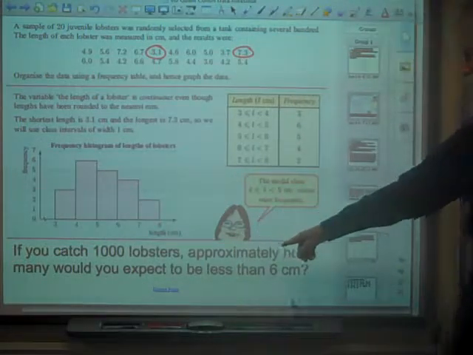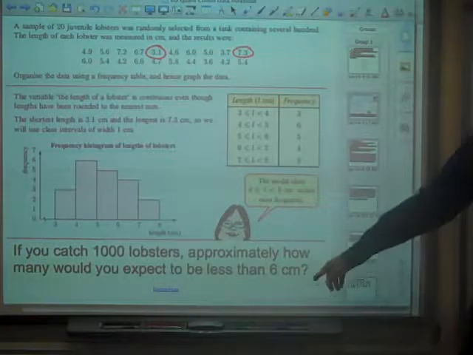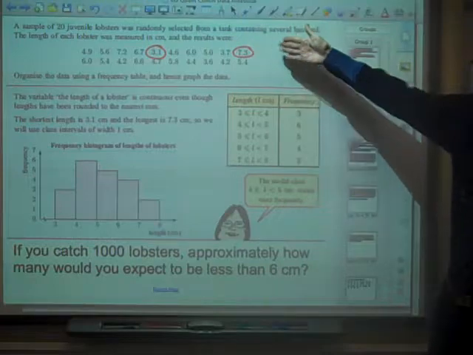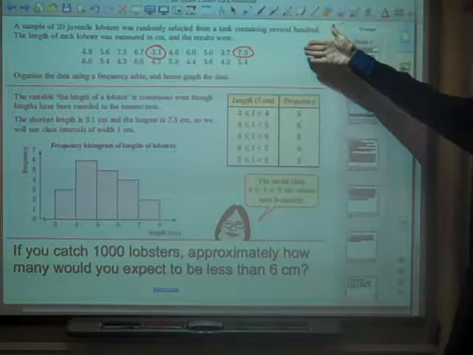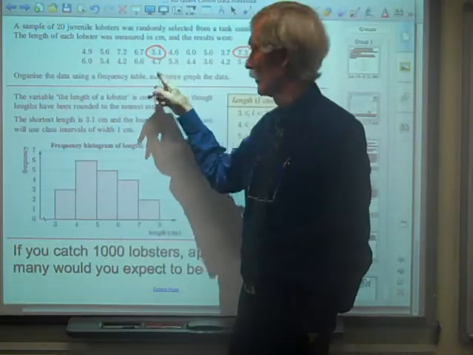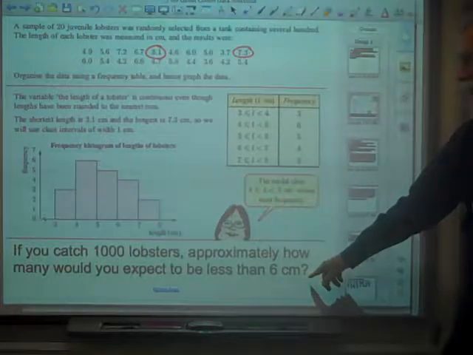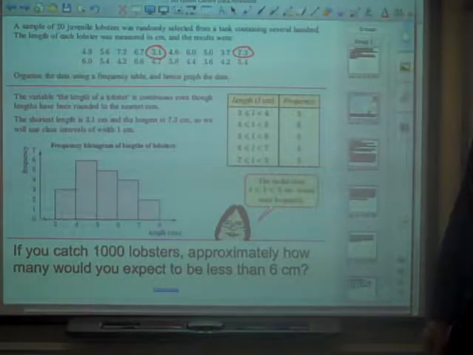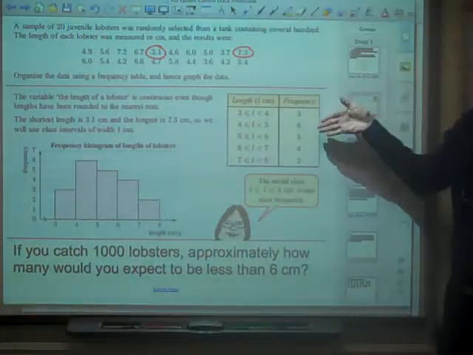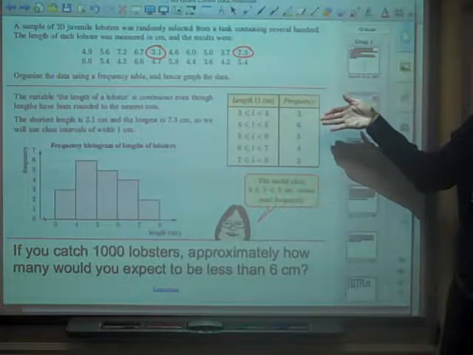If you catch 1,000 lobsters, approximately how many would you expect to be less than 6 centimeters? See if you can figure this out. How many lobsters do we have here? We've only got a sample of 20. How many of those 20 were less than 6 centimeters? You can look here, or you can look here. Which lobsters are less than 6 centimeters?